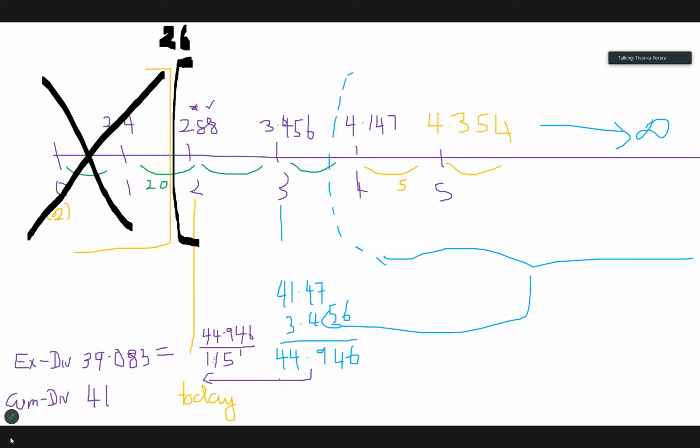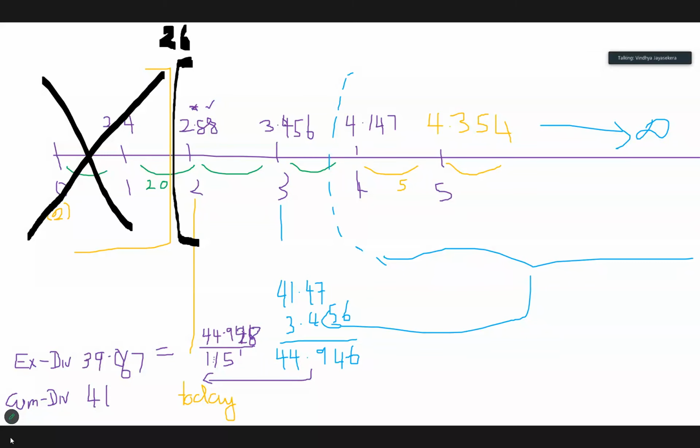The ex-div price, at least I got 39.067. But this is what you all used, right? 44.946 or 928. 41.47 plus 3.456 is 44.926.